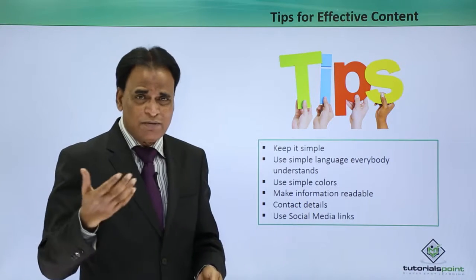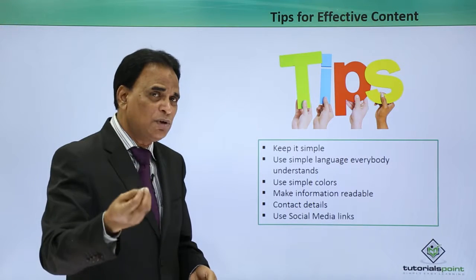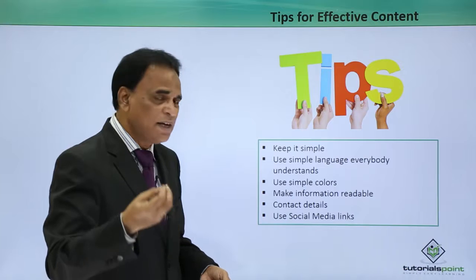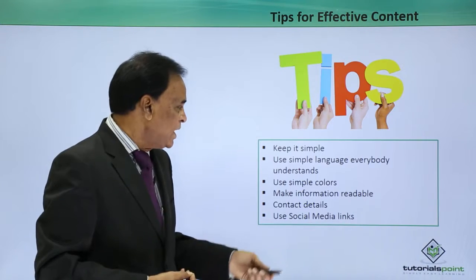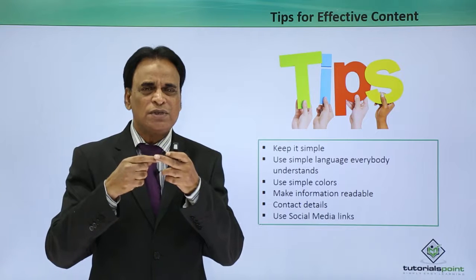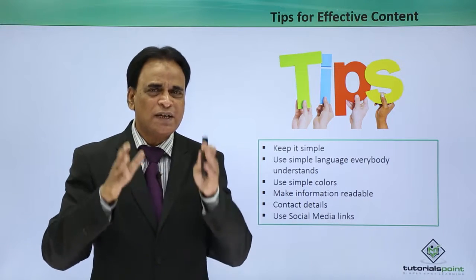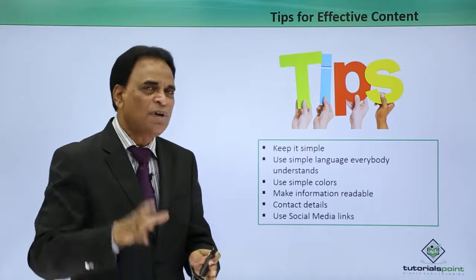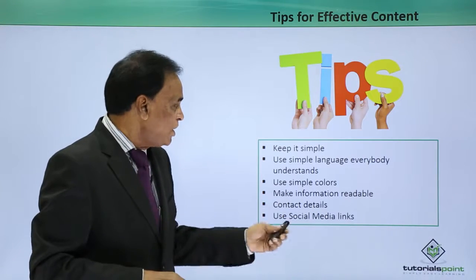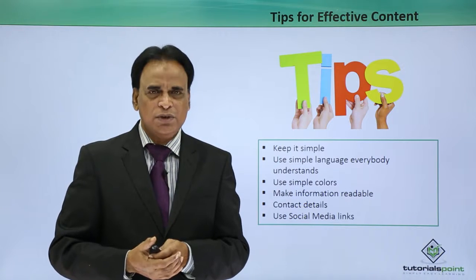Use colors which are very simple and subtle, so that your email looks easy to understand, easy to read and appealing. Make information readable. Consider the kind of font you use, the font size, and the font colors. Make sure that the email is clearly visible for the users. Contact details: provide complete information to the users.